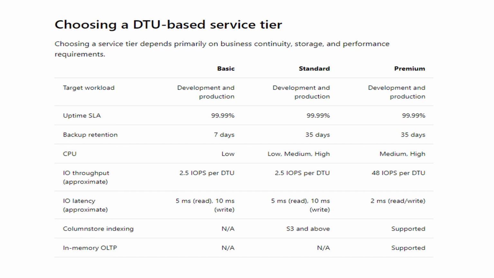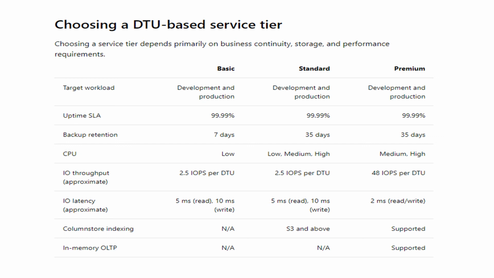We talk about the uptime SLA, and all are having 99.99% uptime. Backup retention, for the basic tier it's 7 days, but for standard and premium it's 35 days.